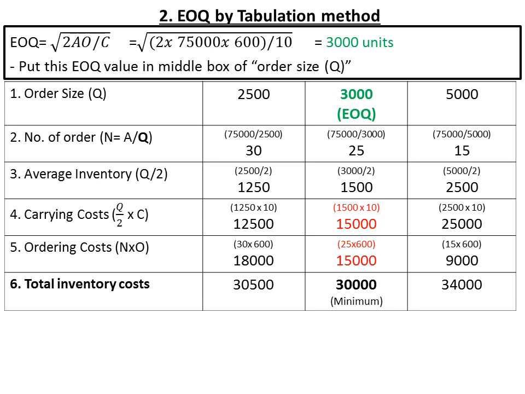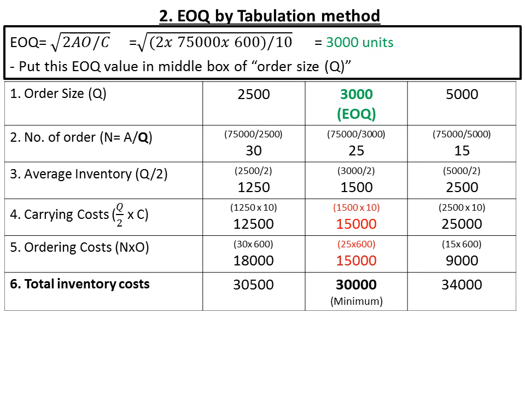So we can use the Q upon 2 value to calculate the carrying cost, Q upon 2 into C. C means the carrying cost per unit. The given information already told us that C, the carrying cost per unit, is 10% of unit value, that is rupees 10.